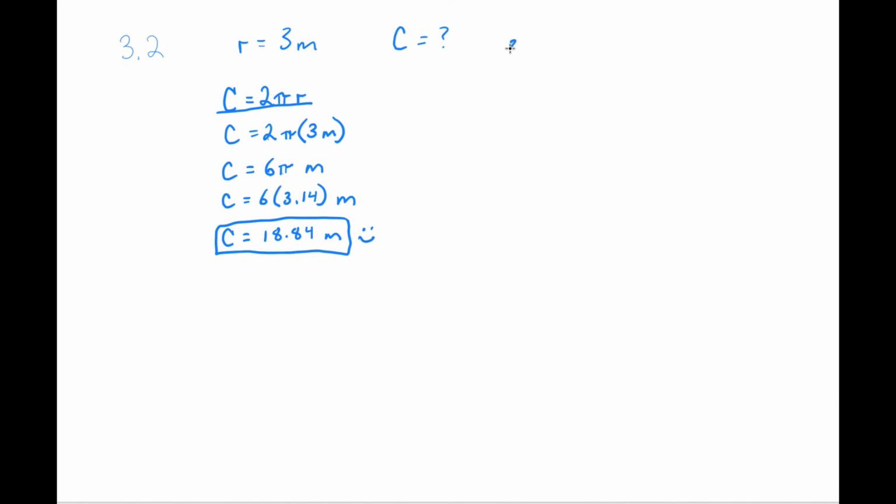So let's do another one. This one, example 3.3, it's a little bit different because we are given the circumference and asked to find the radius. So the circumference is equal to 24 meters, right? So now we have to back it out. So we know 24 meters, and we're going to put in the formula.